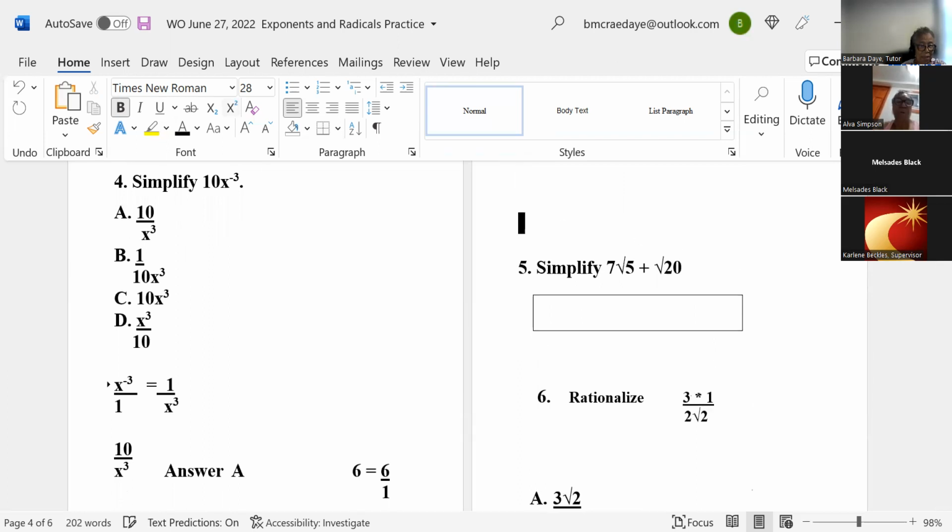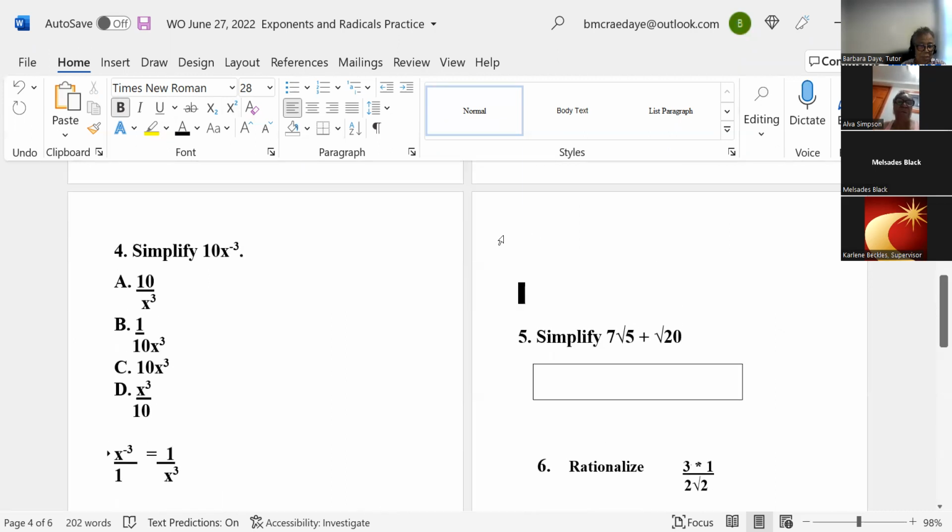Now, suppose you had 3, and I'll put a power on this, to the second power. And now let me put y, and let me put a negative power on here, -4.